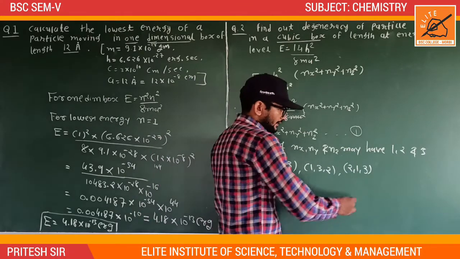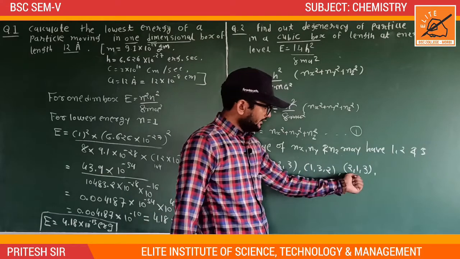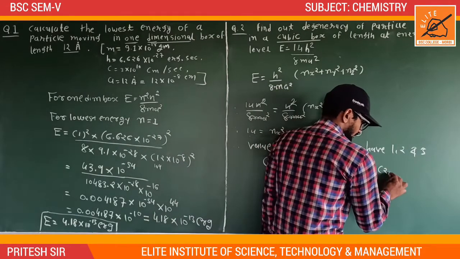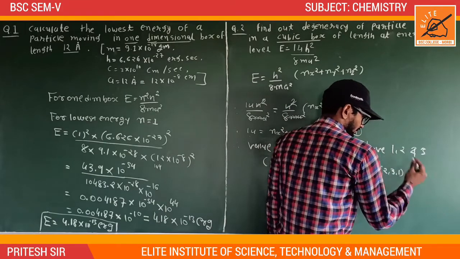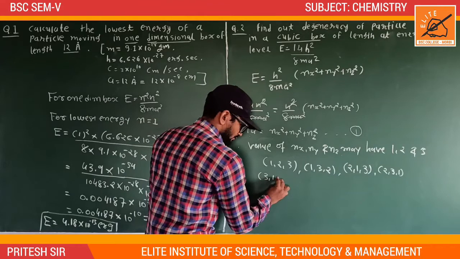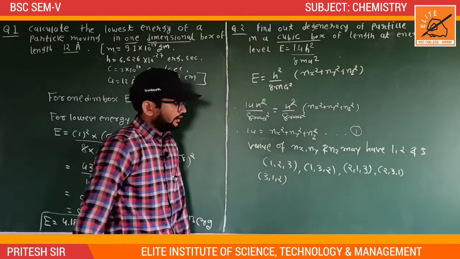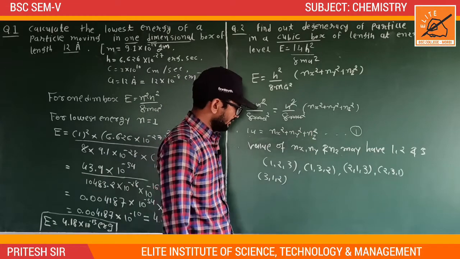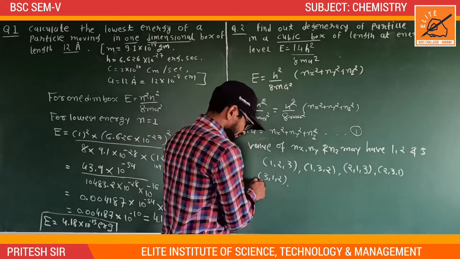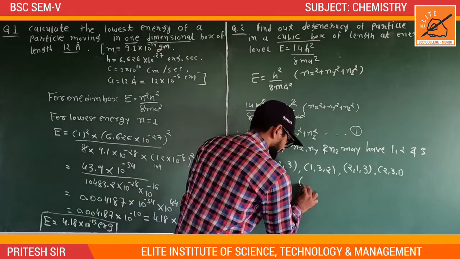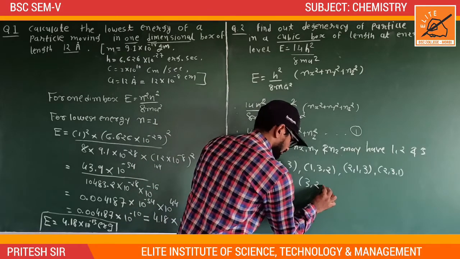And another one: 2 is constant, interchange these two variables, it means 2, 3, 1, and then 3, 1, 2 is also a set of quantum numbers which satisfies equation number 1. And the final one: 3 remains constant, interchange these two terms, it means 3, 2, 1.